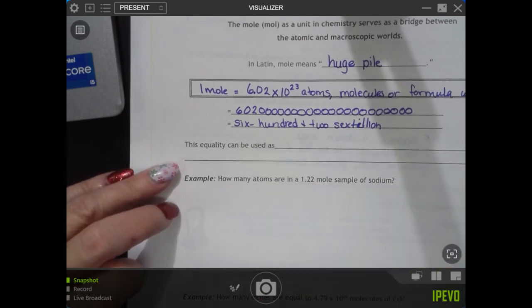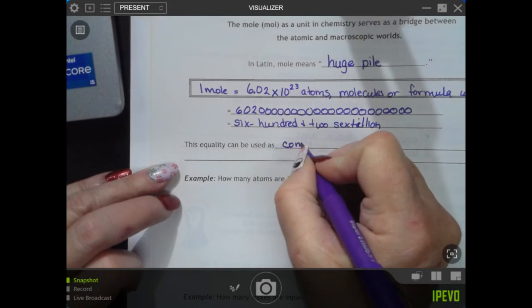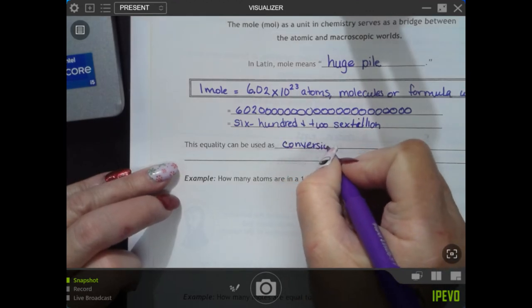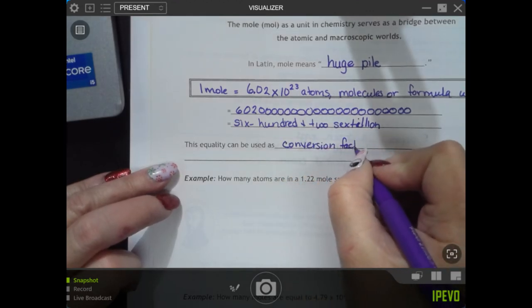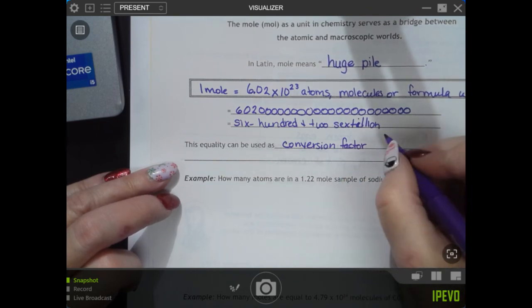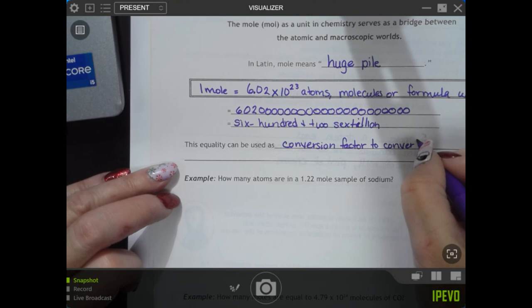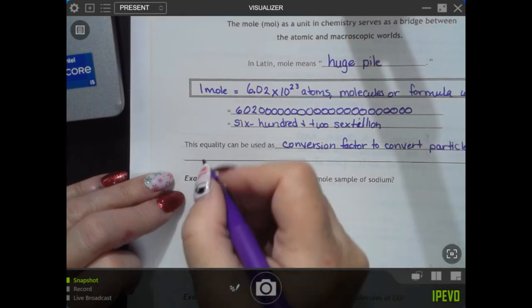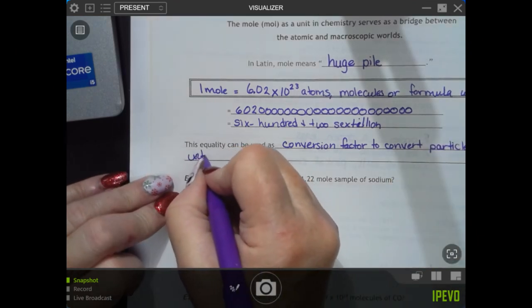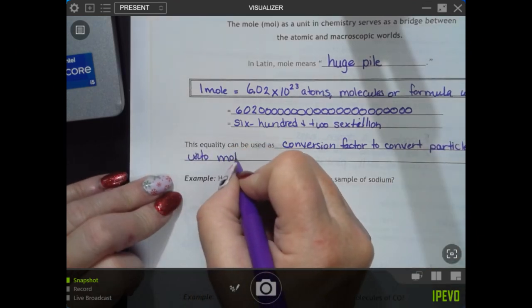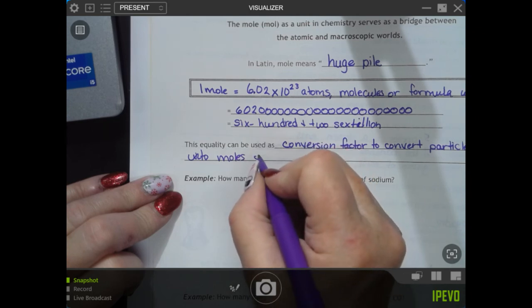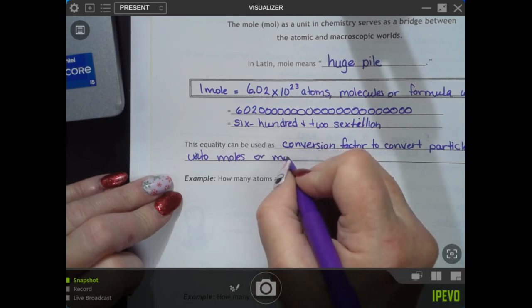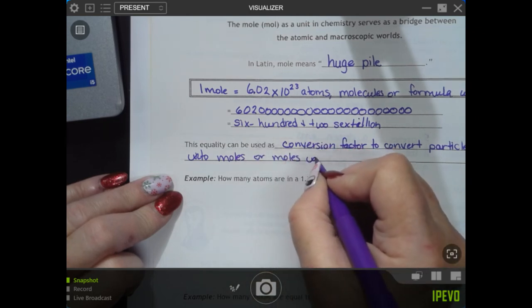It can be used as a conversion factor to convert particles into moles or moles into particles.